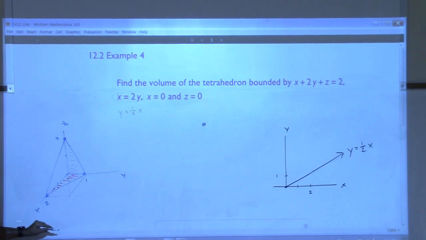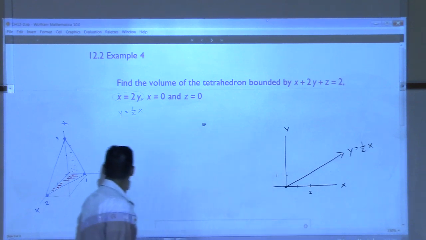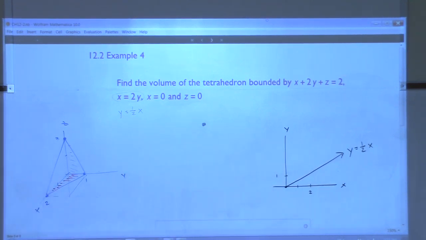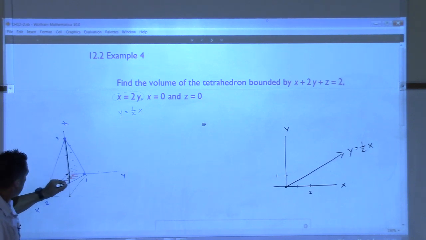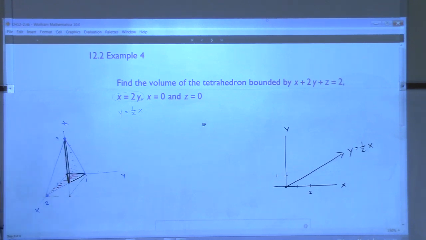That's this picture on the ground. Looking from the top, that's the origin, and then that's the point (2, 1). So our plane comes through here and slices through, goes back to that. What's in black is what we're trying to find the volume of. Do you all see that? Is there a question?